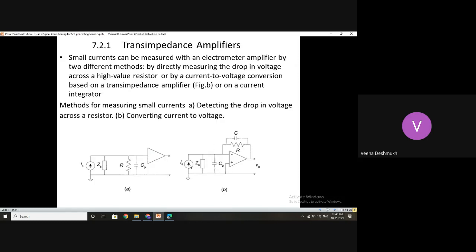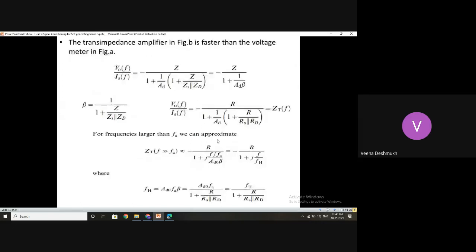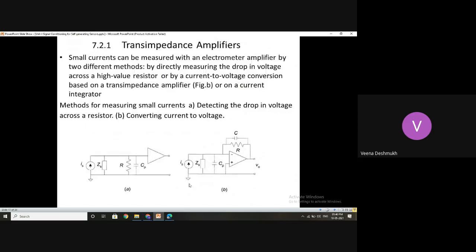So this helps in the measurement over a wide range of frequencies, whereas here it is limited. The open loop mode is always a limiting factor. But in the second one, it is more useful over a wide range of frequencies, and also the CMRR is good over a wide range of frequencies.